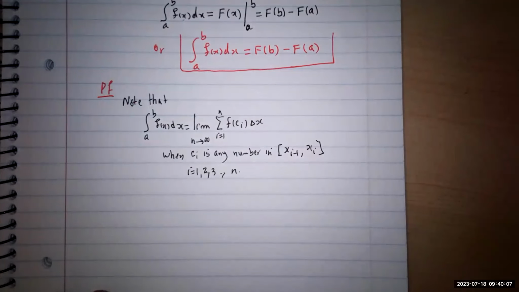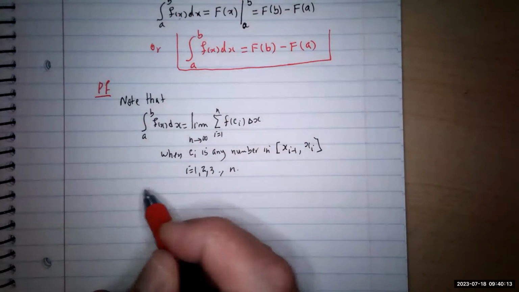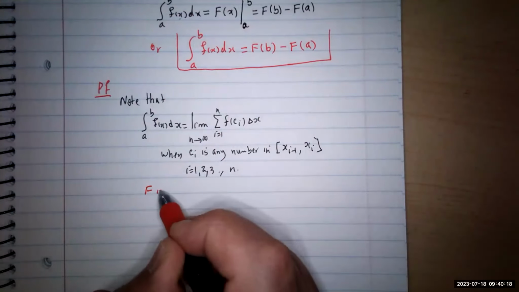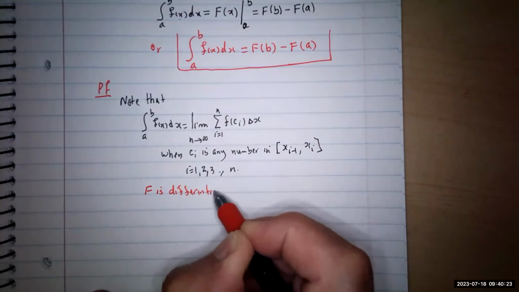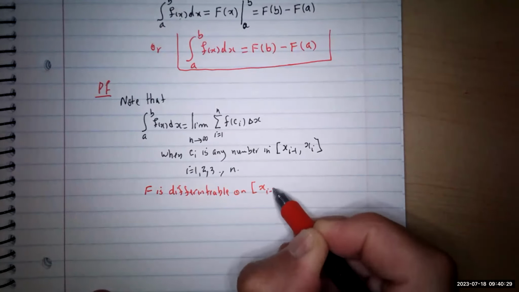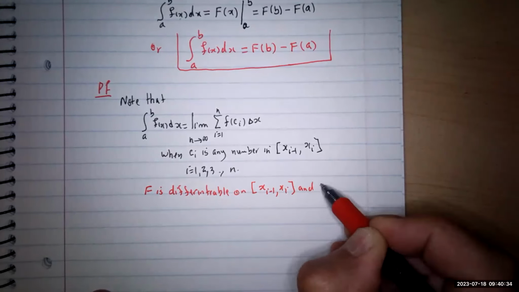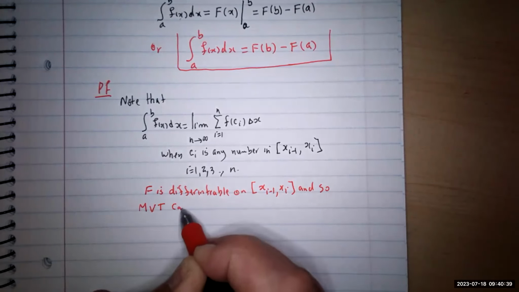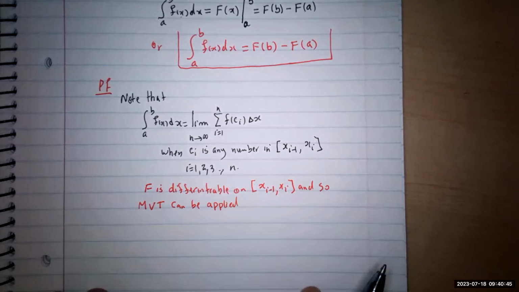But what I'm going to do is bring in the mean value theorem. Remember this function f is differentiable on the interval from x sub i minus 1 to x sub i, and so the mean value theorem, the MVT, can be applied.